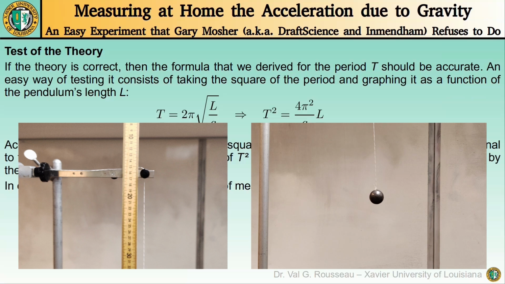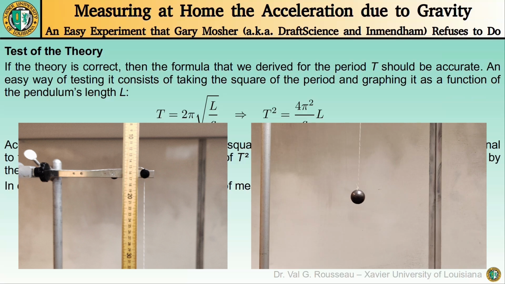If we try to measure the period as the time for a single oscillation, we will obtain a poor measurement because it is hard to determine when to start the stopwatch and when to stop it, which results in some uncertainties. However, we can easily minimize these uncertainties by measuring the time for 50 oscillations or more, then divide the total time by the number of oscillations.